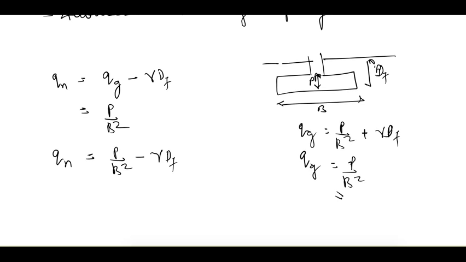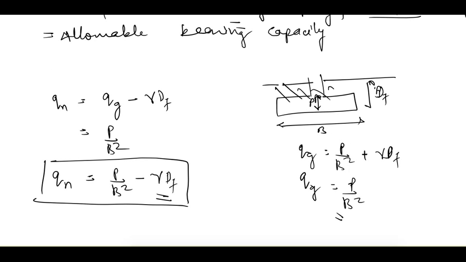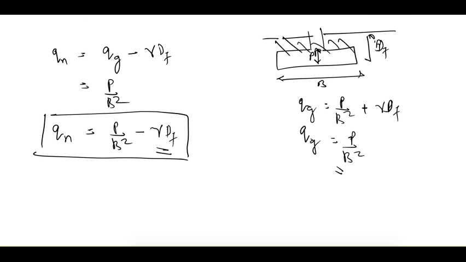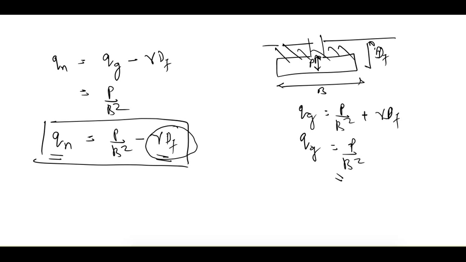So from here we see that if we do not put this soil back, then the net pressure intensity on the soil is reduced to some extent, and it is reduced to a large extent if the depth of footing is very large.